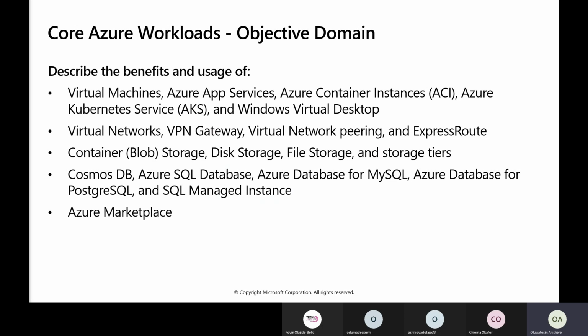For storage, we'll be understanding and looking at containers, blob storage, disk storage, file storage, the storage tiers. For databases, Cosmos DB, SQL database, Azure Database for MySQL, Azure Database for PostgreSQL, SQL managed instance, and we'll look at the Azure Marketplace where we have all of these resources in place.